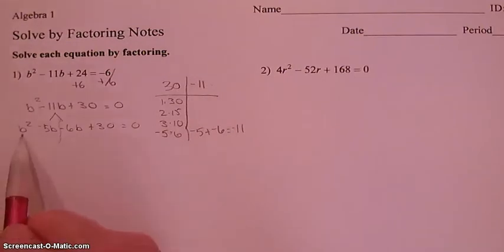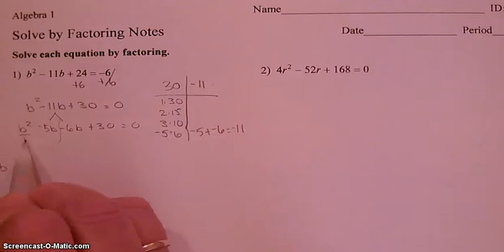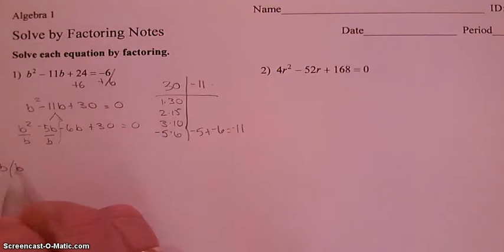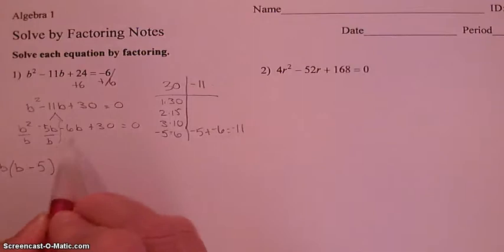So we're going to split it in two like we did before. What's in common between b squared and negative 5b? We have a b in common. So I'm going to divide each one of these terms by b, factor it out. b squared divided by b is b, and negative 5b divided by b gives me negative 5. Okay, so I'm going to bring down this sign with that term, and I'm going to factor something out here.